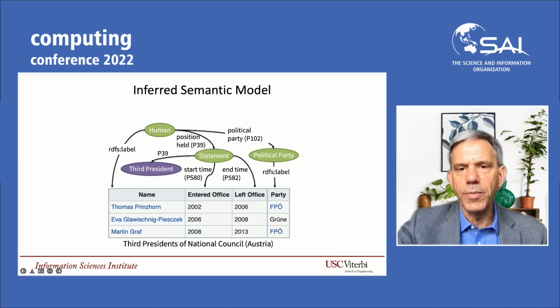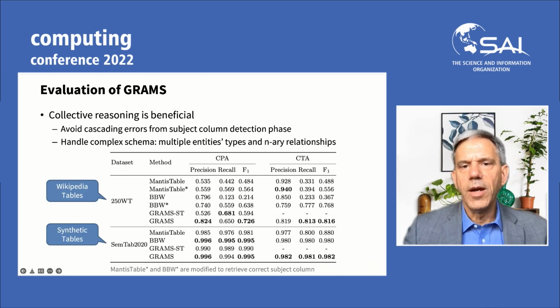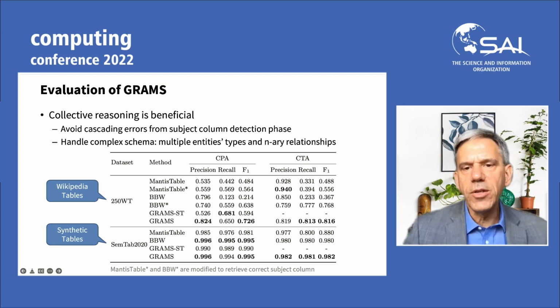That would be the final inferred semantic model, the one I showed you at the beginning, which would cover this data. So in terms of evaluation of this work, it was published at a recent conference, and we compared it with several other systems. There's another system called Mantis Table, another one called BBW, and Grams is the name of our system.